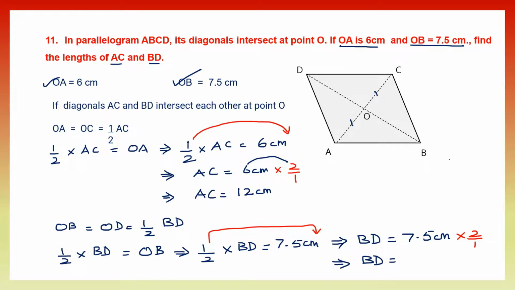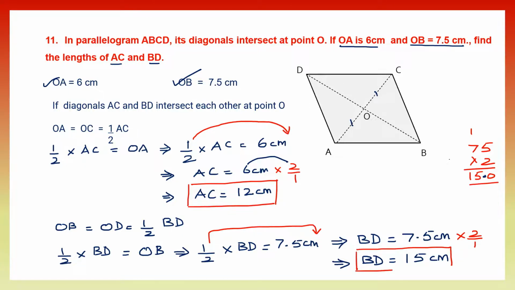Ignoring the point, it becomes 75 into 2. 2 fives are 10, carry 1. 2 sevens are 14 plus 1, 15. Now I will put back the point. There is one place, so I'll put back the point. Now my answer is 15 centimeters. So I have found the length of AC, that is 12 centimeters, and the length of BD, which is 15 centimeters.